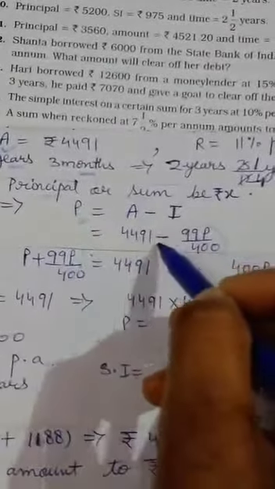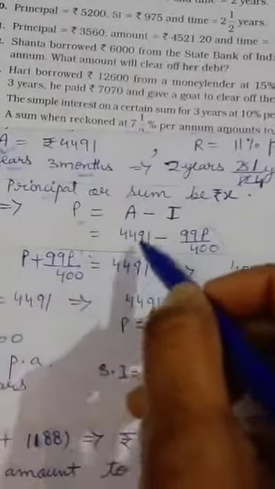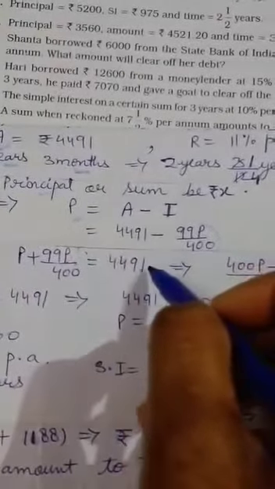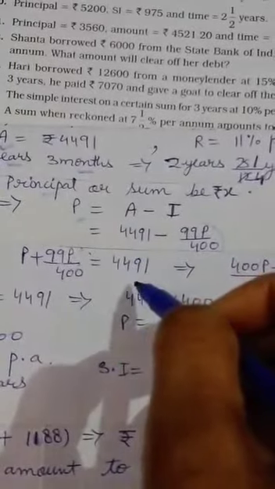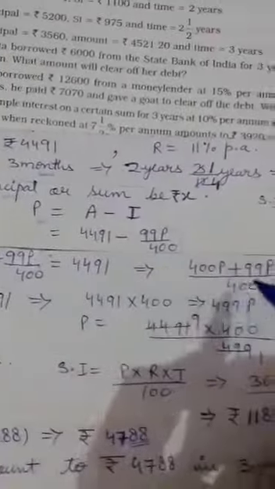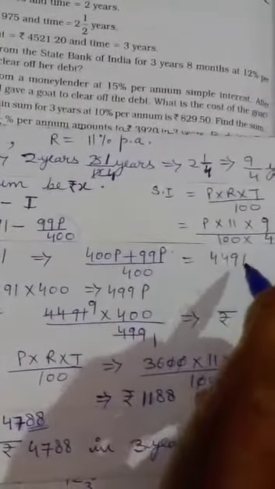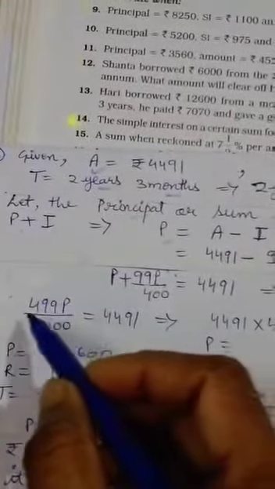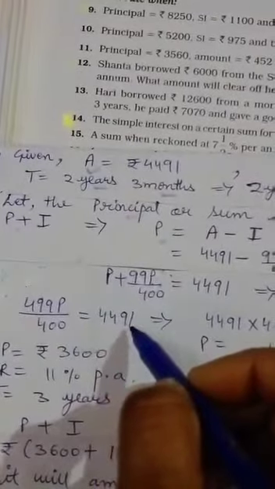P here has a minus, so it becomes plus 99P upon 400 equal to 4491. Now take the LCM and equate the numerator to 4491. Now add the numerator: 499P upon 400 equal to 4491.